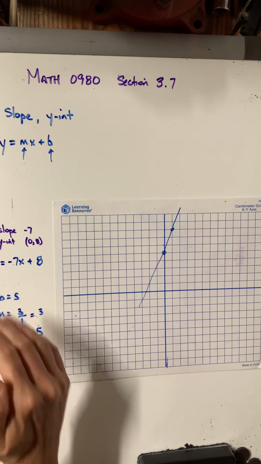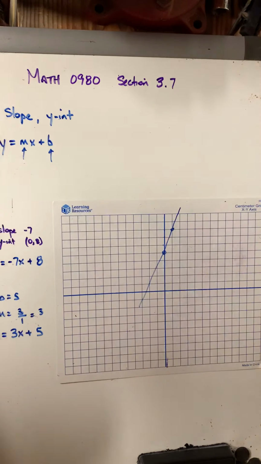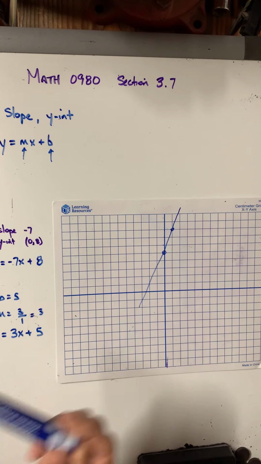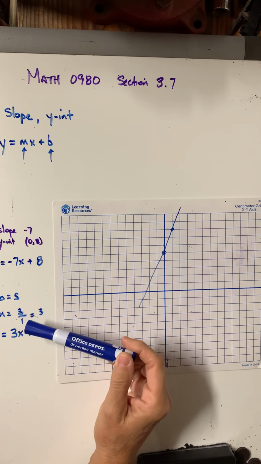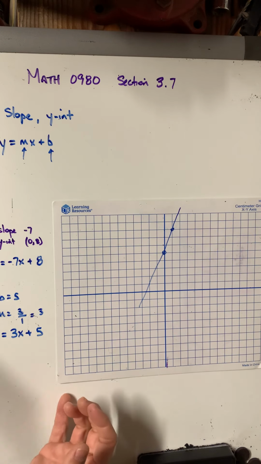So those two aren't too bad. The easiest one is number 2, because they just basically give you the slope and y-intercept, and then it gets progressively more difficult because here you had to figure out the slope on your own.